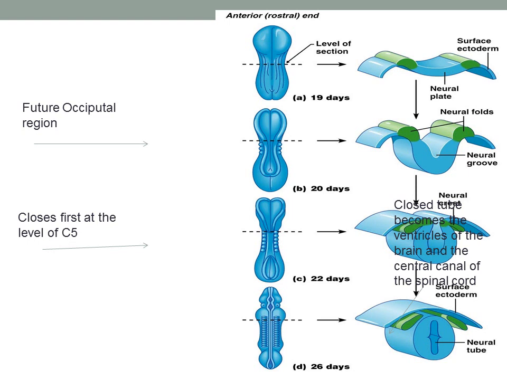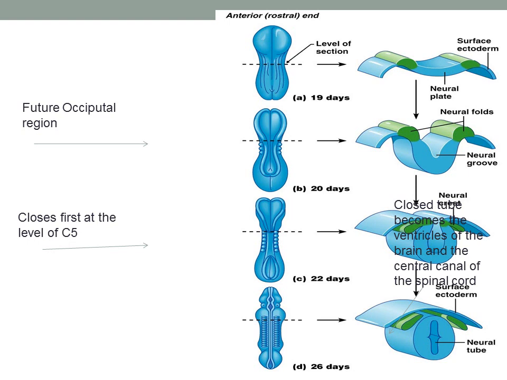And it first closes at about the level of what becomes the future C5 region of the cervical spinal cord. And as the neural tube closes, these developing neural fold cells separate from the overlying surface ectoderm, and like the neural tube, which becomes a separate and distinct structure, the neural fold cells become separate and distinct neural crest cells.